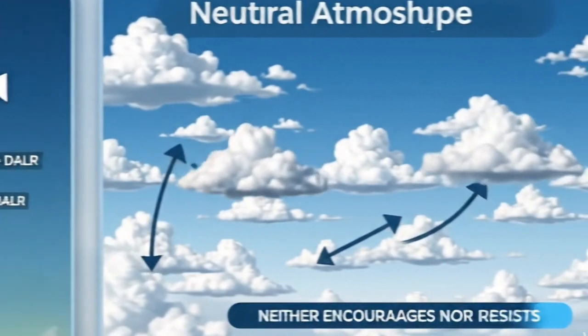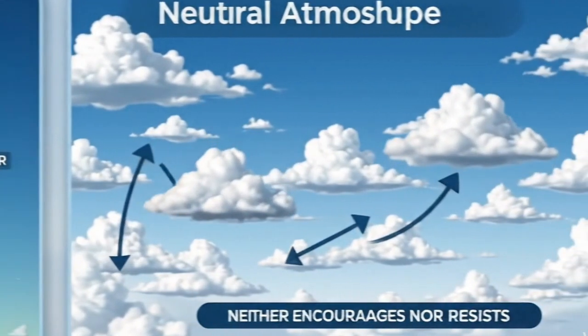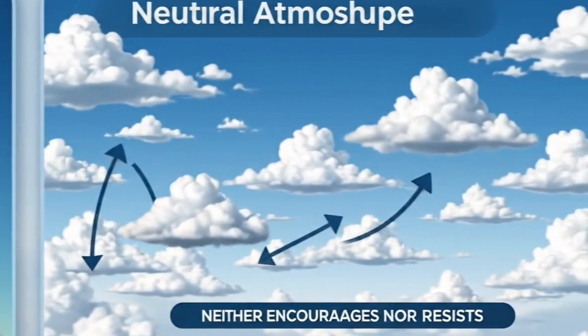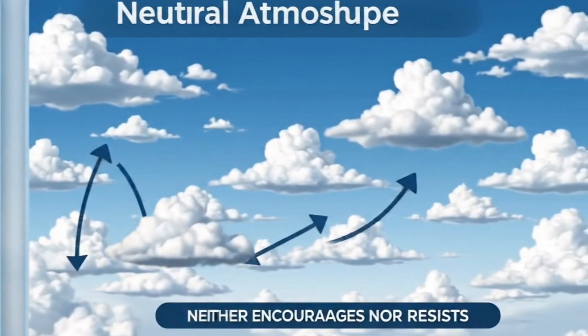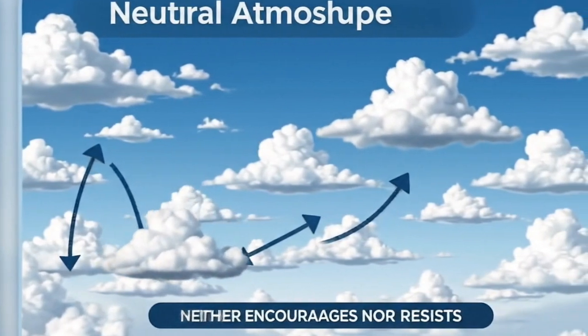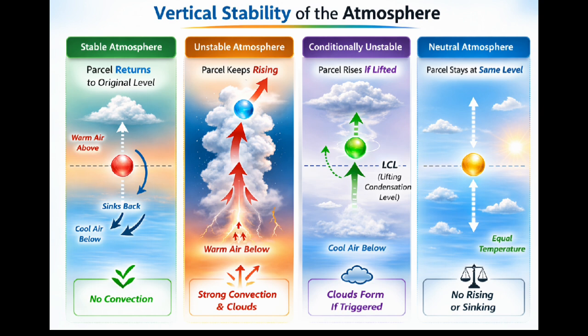If the parcel is dry, it cools at about 9.8 degrees Celsius per kilometer, which is called the dry adiabatic lapse rate. If the parcel is saturated with moisture, condensation occurs, releasing latent heat, and the cooling rate becomes slower, usually about 5 to 6 degrees Celsius per kilometer, which is called the moist adiabatic lapse rate.